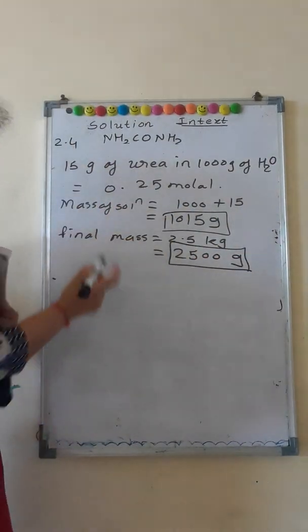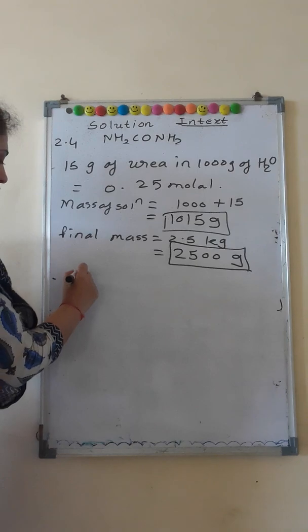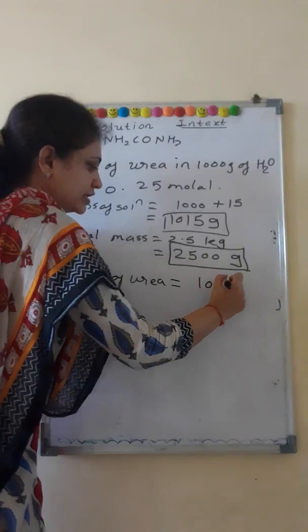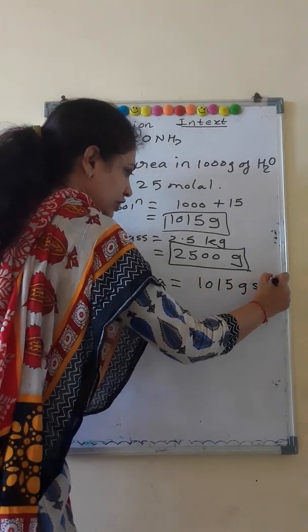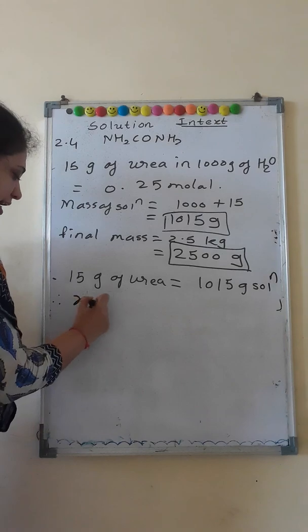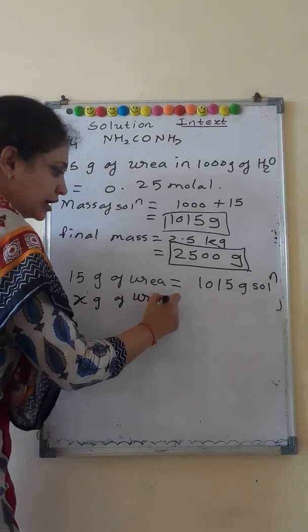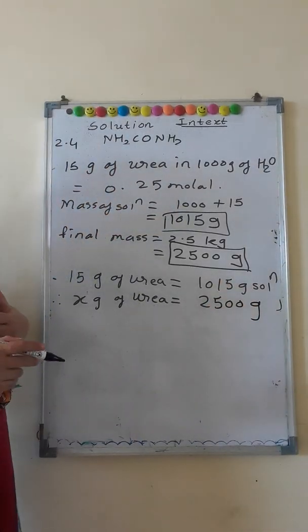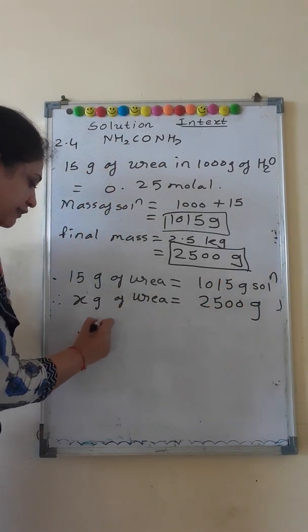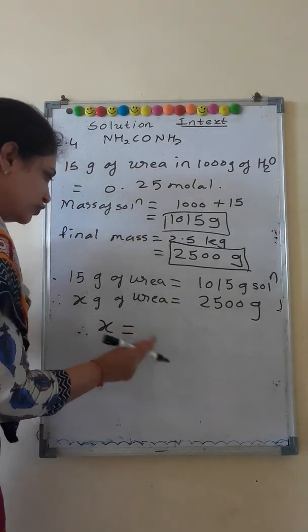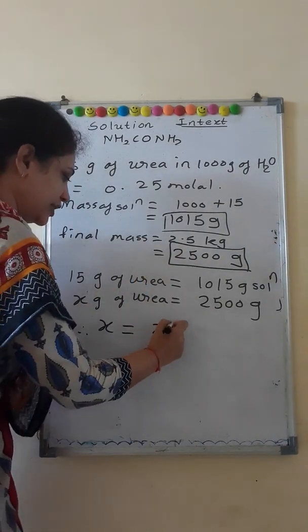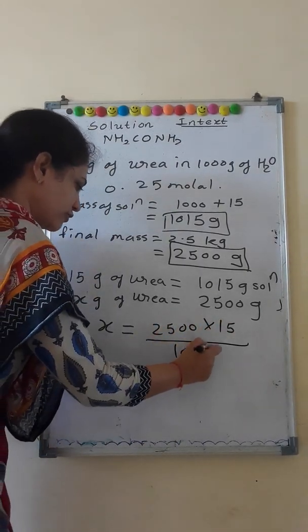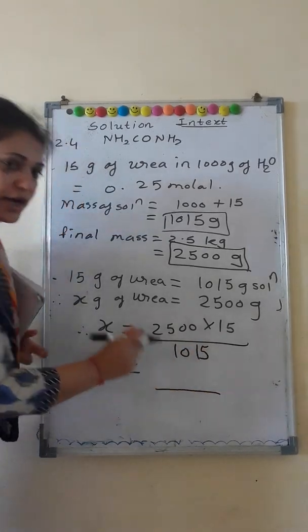So we will cross multiply that 15 gram of urea is present in 1015 gram solution. Therefore, X gram of urea will be present in 2500 gram of solution. Therefore, X is equal to 2500 into 15 divided by 1015, and that is your final answer.